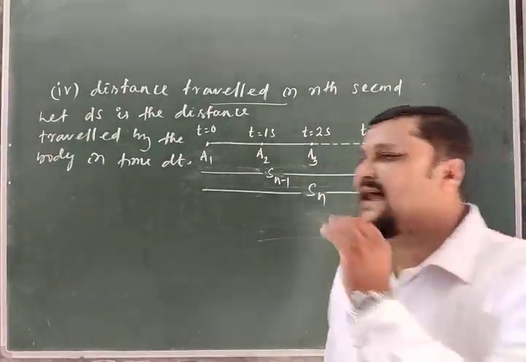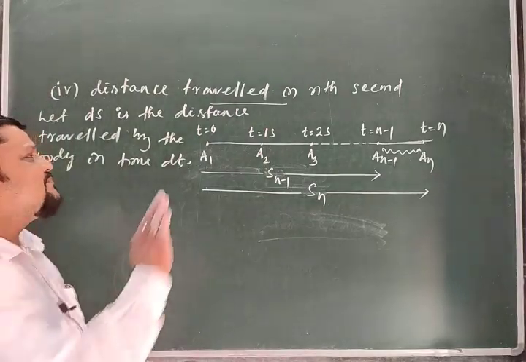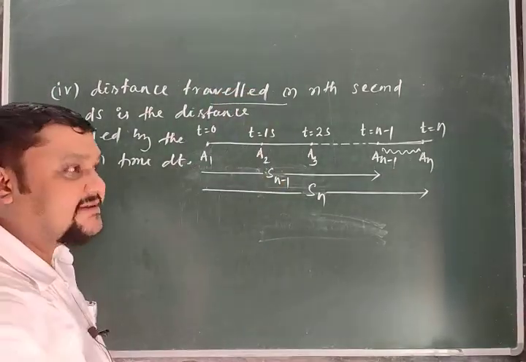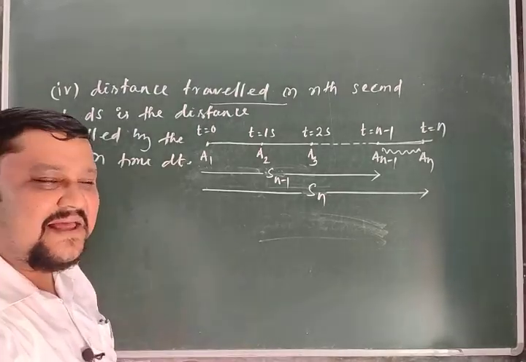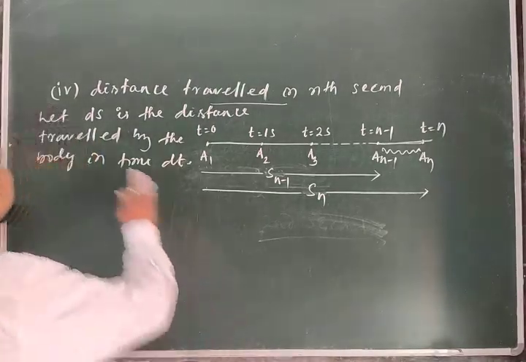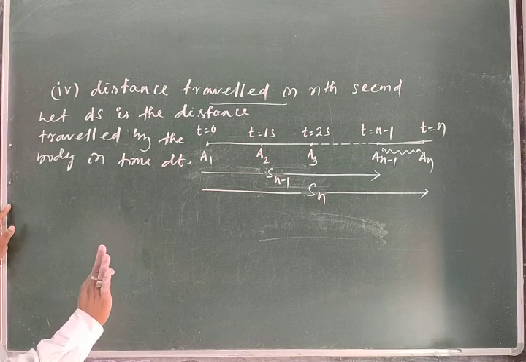Don't forget that, it is very, very important. So you will apply that uniform acceleration, because the derivations are like this. That's why you take a uniform outside the integration when you use integration. Got it now? Okay. So let ds be the distance traveled by the body in time dt.